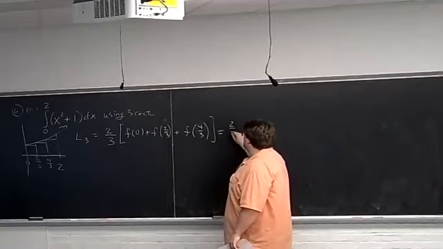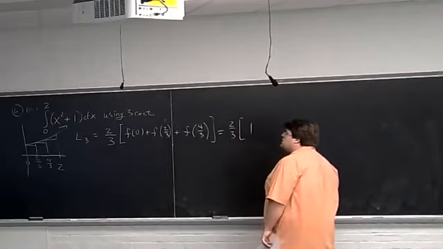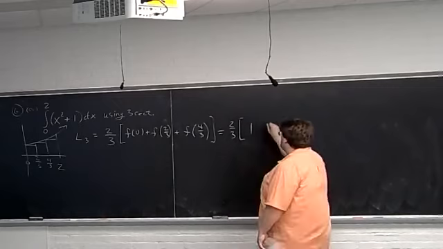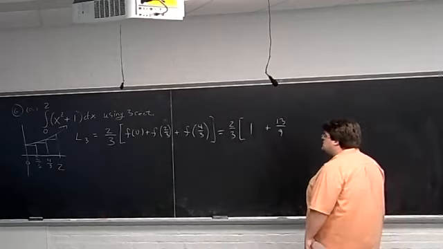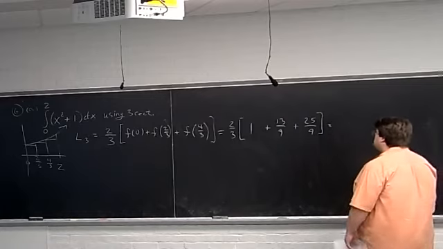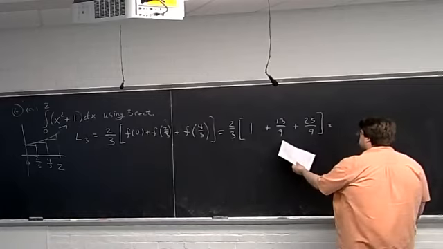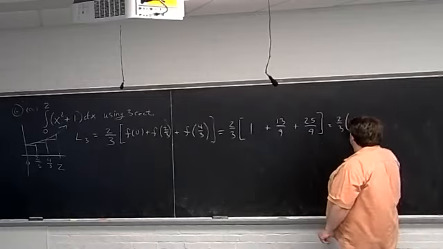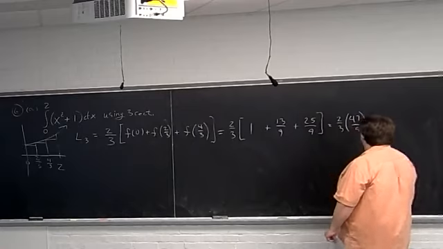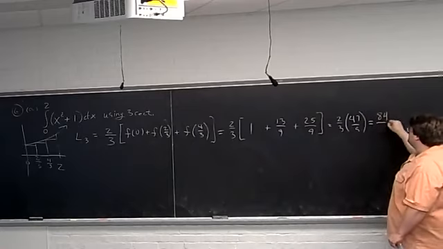What do we get? F of 0 is 1. F of 2/3 is what? 4/9 plus 1, 13/9. F of 4/3 is 16/9 plus 1, 25/9. And what do we get here? Well, we have 38/9 plus 1, 47/9, which gives 94/27. 2 times 47 is 94.